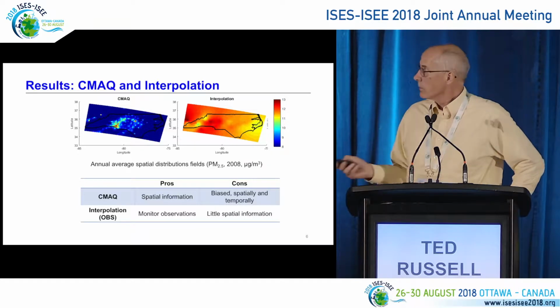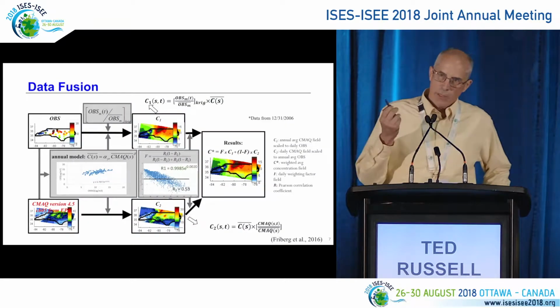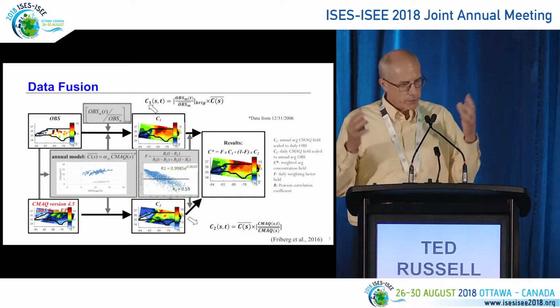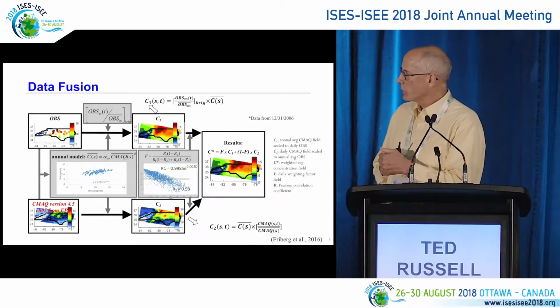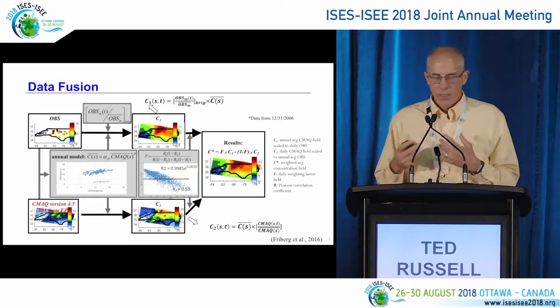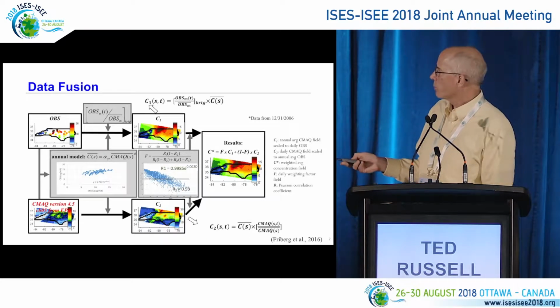So what we've done is we have this data fusion technique where we take CMAQ results and the observations and essentially put them together using two different types of formulas.